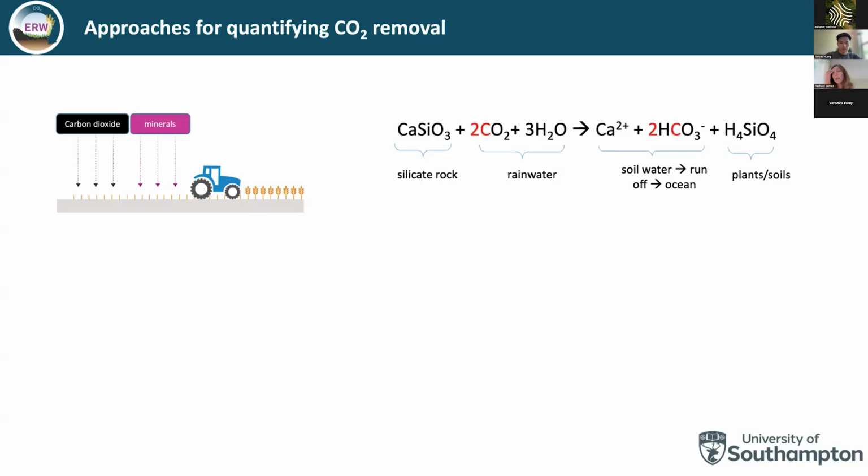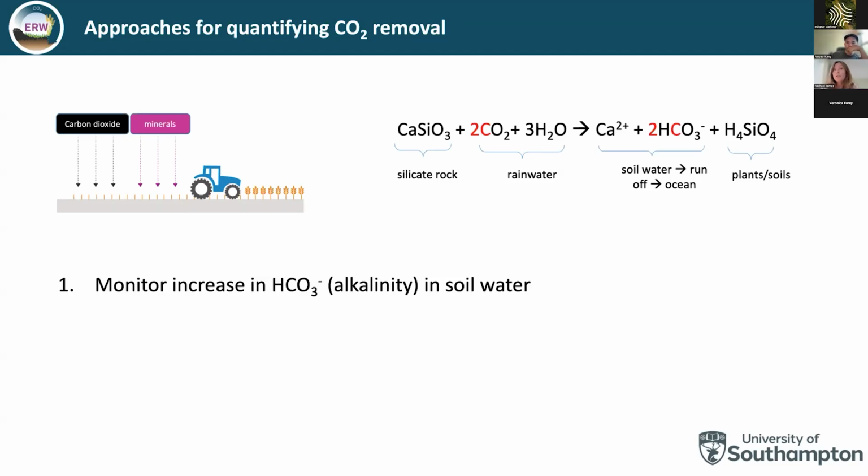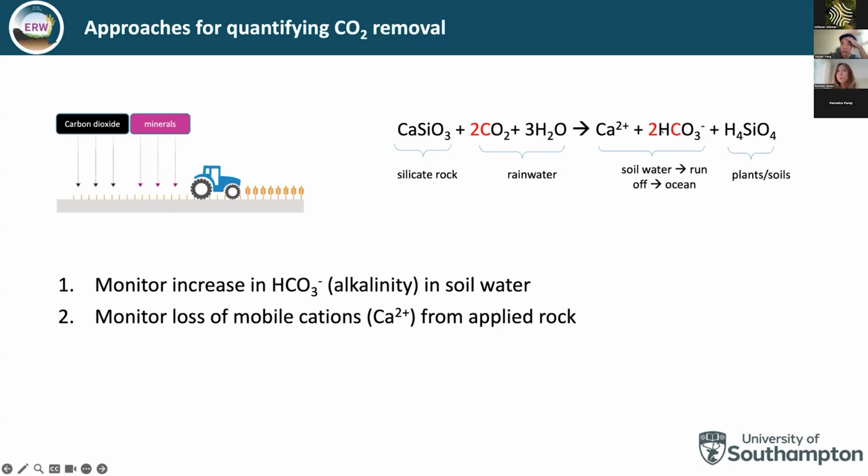So just taking this equation then, I want to think about, well, how do we then calculate how much carbon has been removed on the basis of this equation, or using this equation as an example. So first of all, we can monitor the increase in hydrogen carbonate ions, or alkalinity, in the soil water. So we can focus on the products of the reaction.